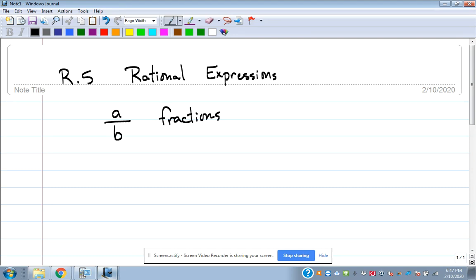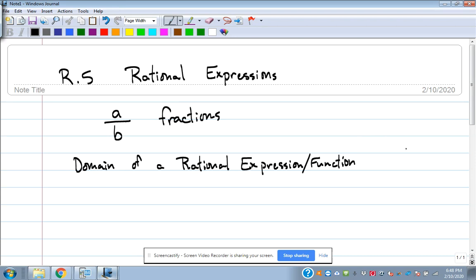So when we're dealing with rational functions or rational expressions, we talk about the domain. The domain of a rational expression slash function. When we do the next section, they change the name to functions and put an equal sign beside it.